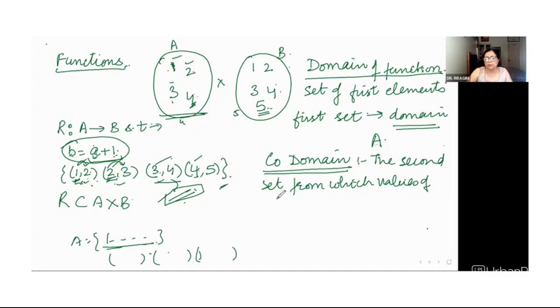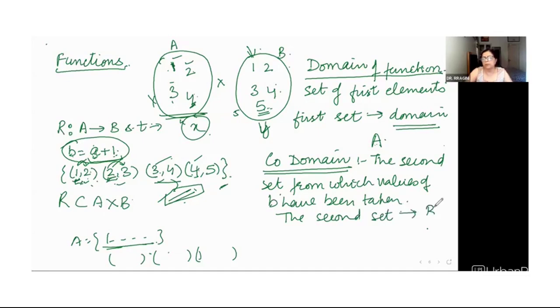Here I am talking about codomain, that is the whole set B, the second set. If we take this as X and this as Y, the X set is the domain and set Y is the codomain. The second set is the codomain, right? Here we have B. So, domain of a function and codomain of a function.